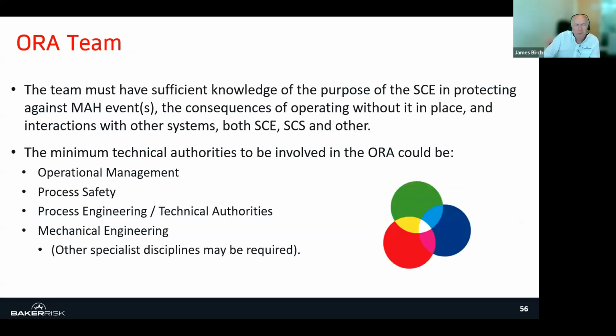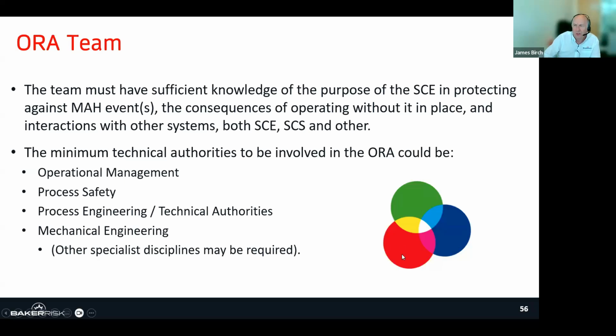So the team of people who are doing this, typically we would need input from the operations group. They know how to run the plant. From the process safety team, who understand the major accident hazards and the consequences. From process engineering and technical authorities, specialists in the plant, mechanical engineering disciplines.